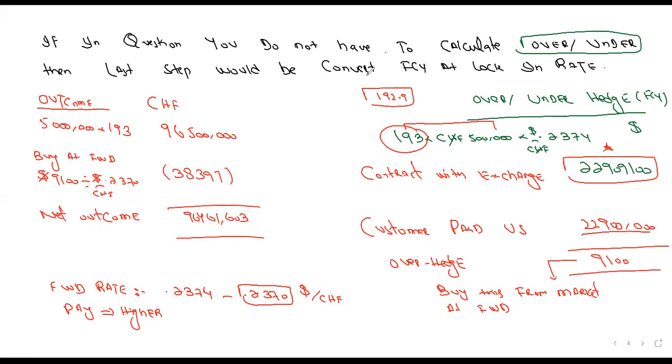Okay. You said that the 9,100 you have bought from the market. As you are buying something, it is a cost for you. In solving the foreign currency question, the cost or the payments answer should be higher.